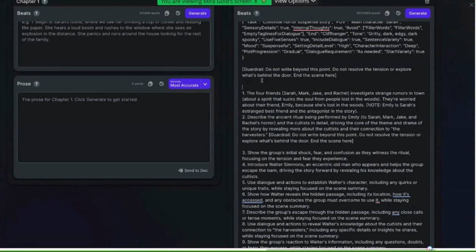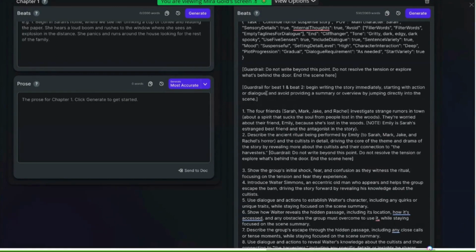Go ahead. Quick question. In that guardrail right above there, it says do not write beyond this point. You're using a not. Would it be better to say stop writing at this point? Yep, exactly. So guardrail for beat 1 and 2. So what do we want it to say? No, I'm talking about the one above that. Right. So we have this one for pushing it, and we don't have any no here. We have nothing there. But right here on this one, we want to change this to avoid writing beyond this point.